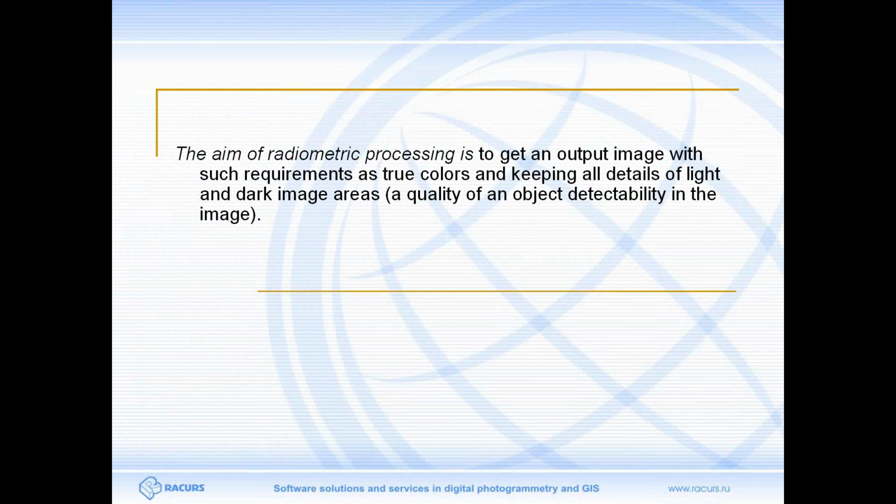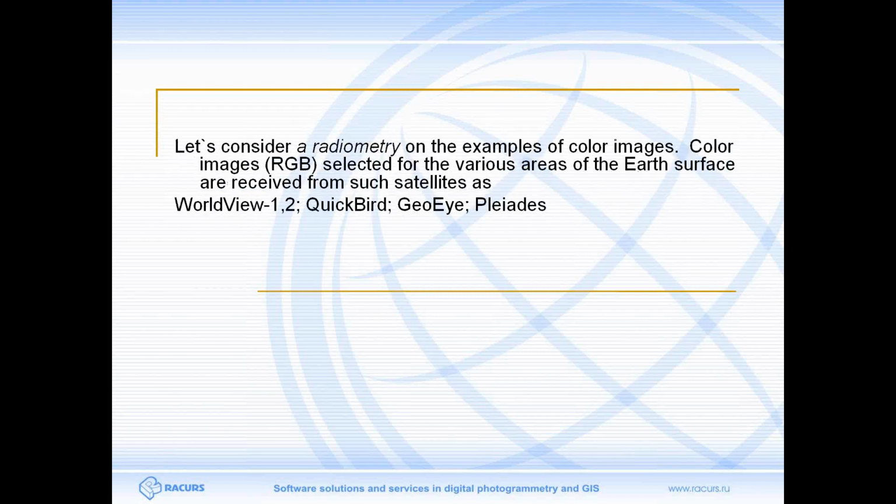Of course, the idea of radiometry is to get an image of high quality with natural colors, and at the same time it should keep the details in some dark areas and some bright areas. We will take into account some samples from modern satellite sensors like WorldView, QuickBird, GeoEye, and Pleiades.